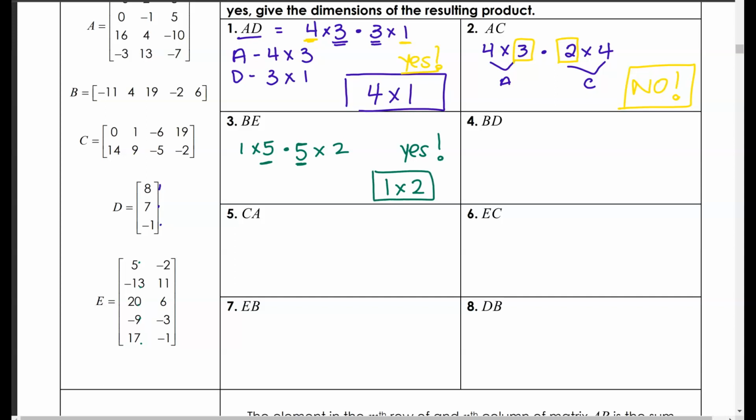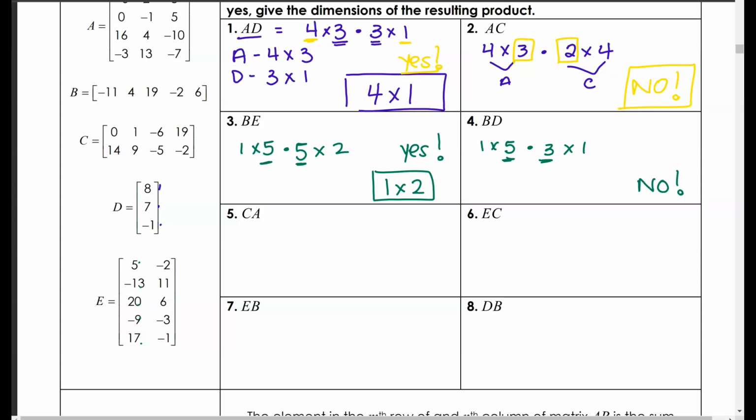All right, BD. B is a 1 by 5 times D, which is a 3 by 1. These do not match. So because they do not match, can I do the multiplication? No.